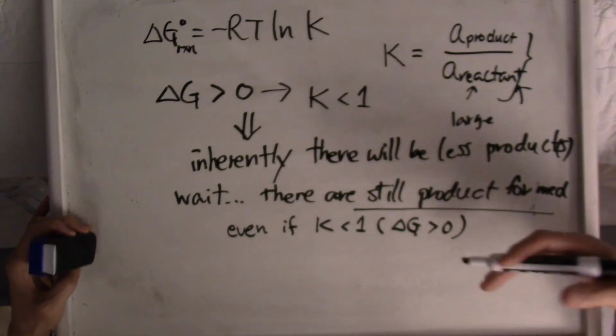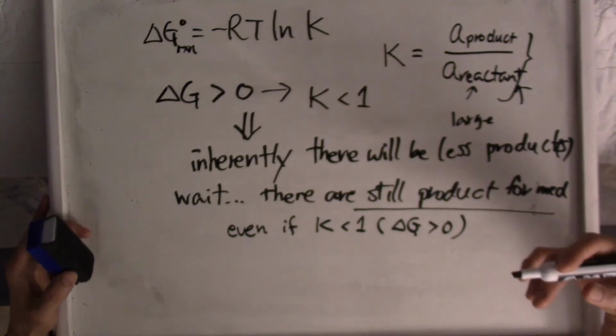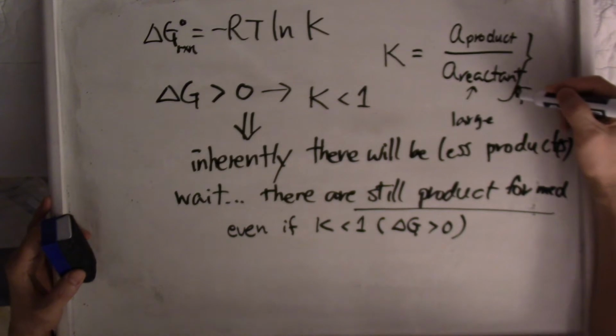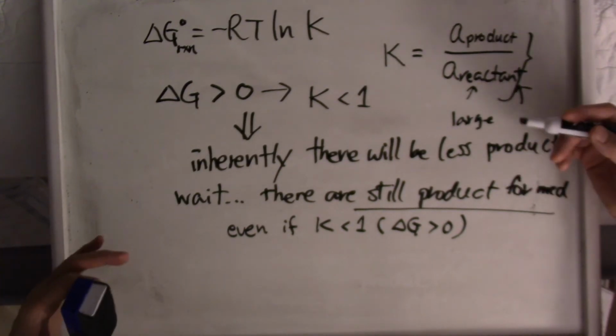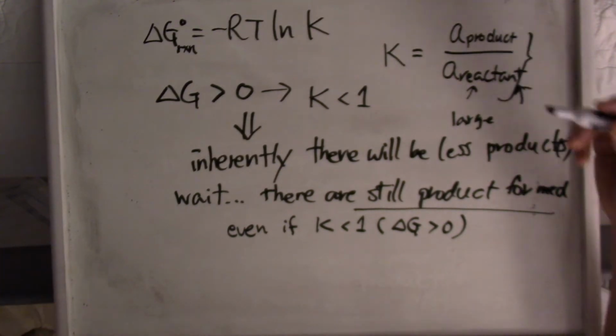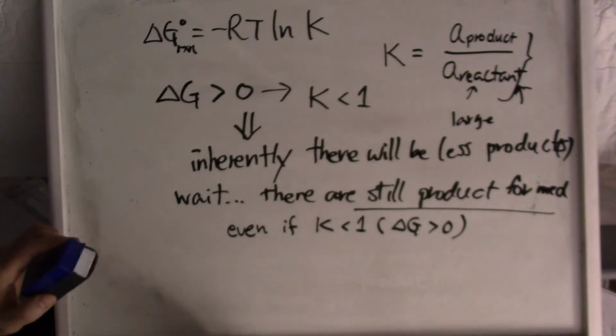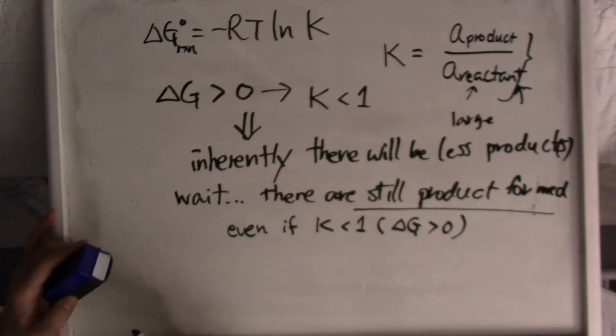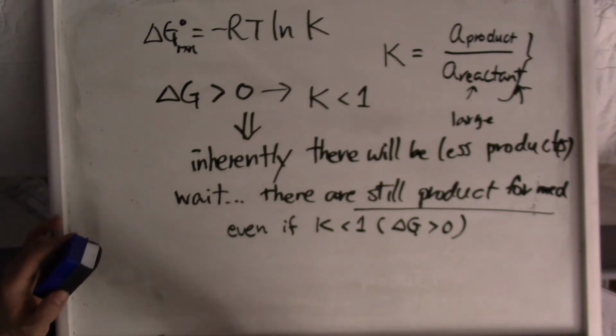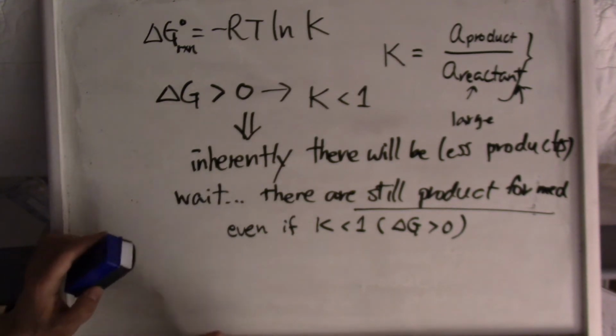So the reaction actually goes, but the difference is that it's reactant dominant. In this case, the ratio has more reactant. So the reaction still goes, but it just doesn't go as much.